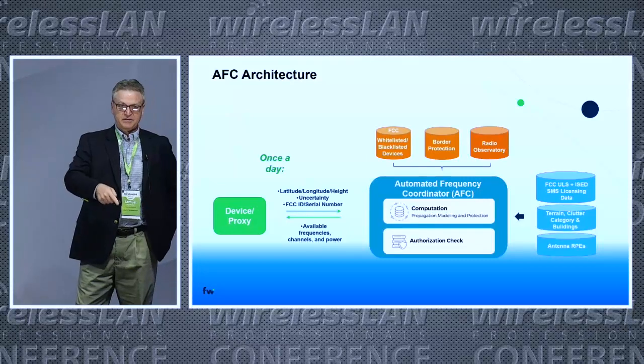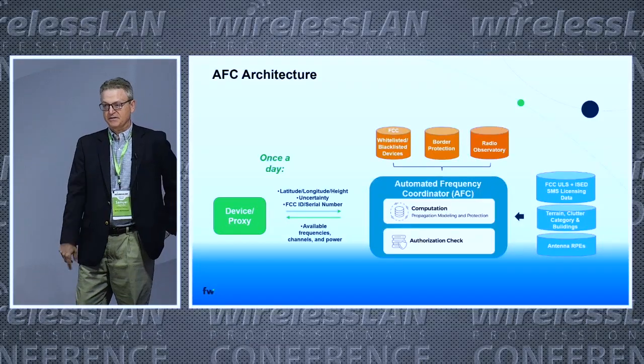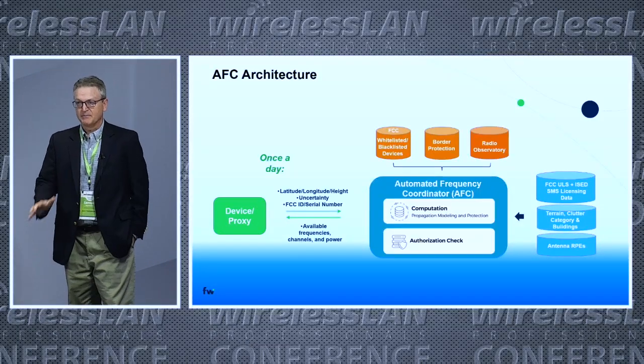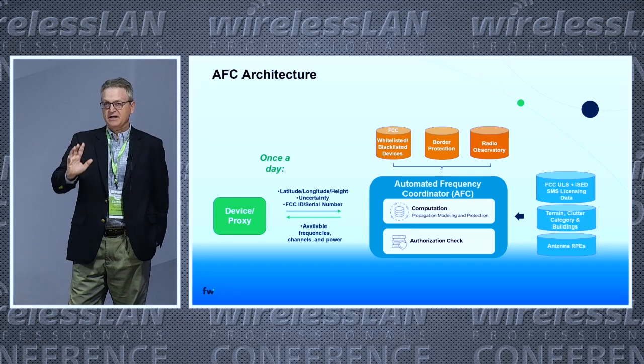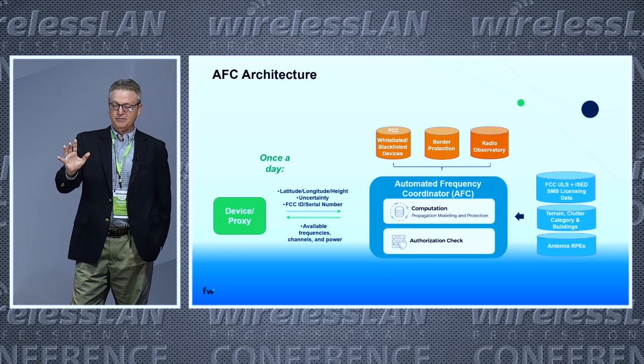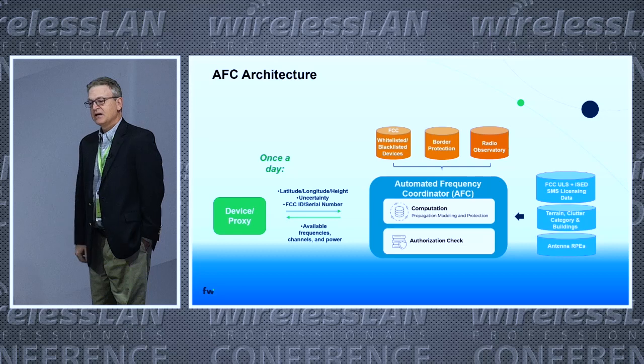On top of that, we also have the device give us a bearer token for additional security. So assuming that the bearer token checks, then the AFC goes and checks with the FCC to make sure that the device is authorized. If so, then the AFC goes and does all the spectrum availability calculations.